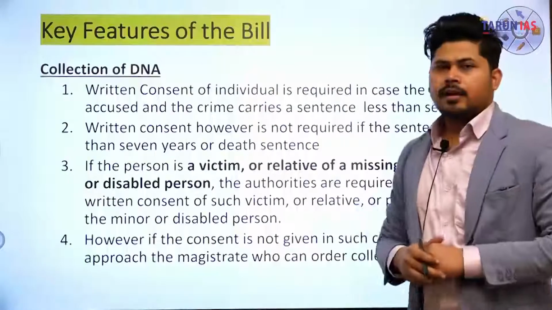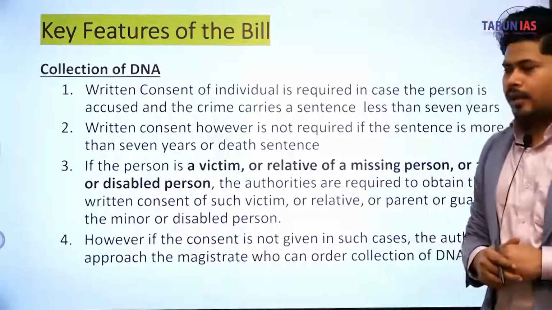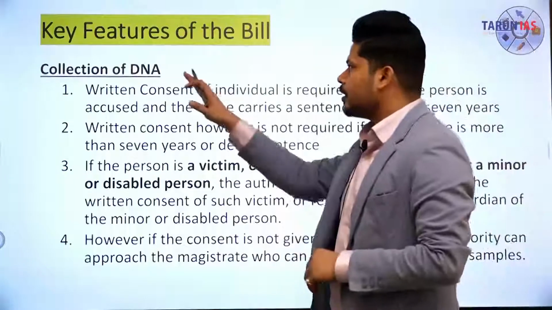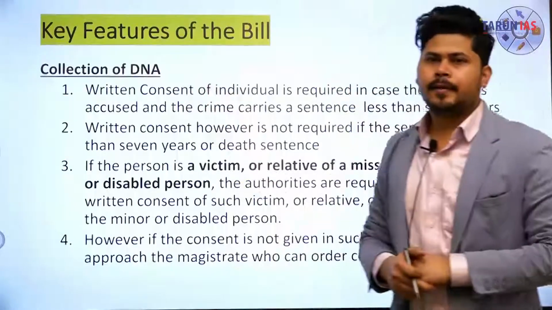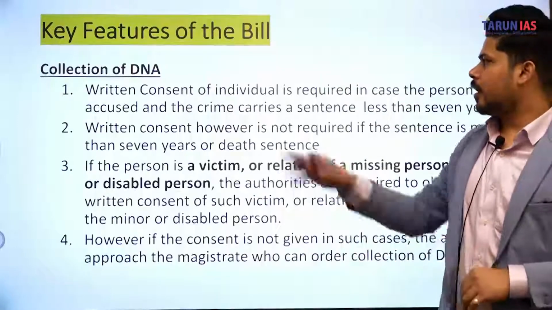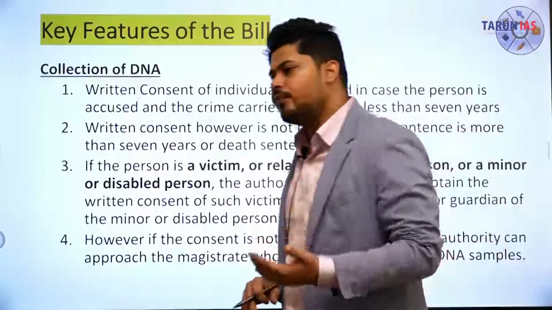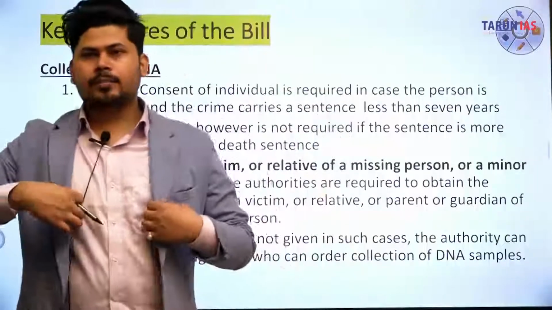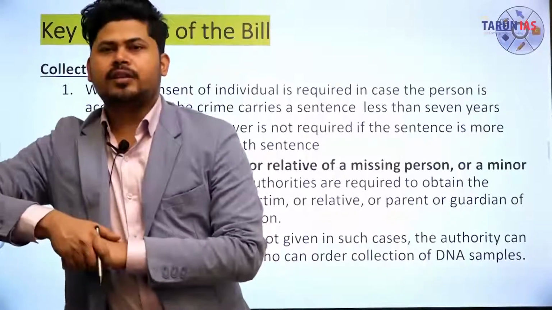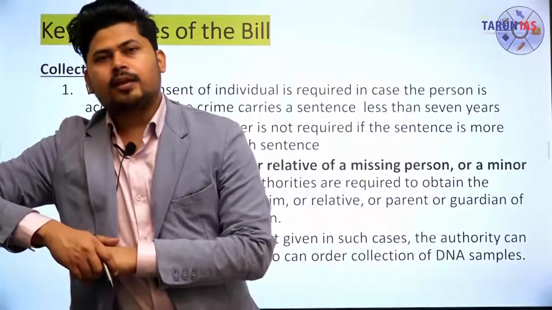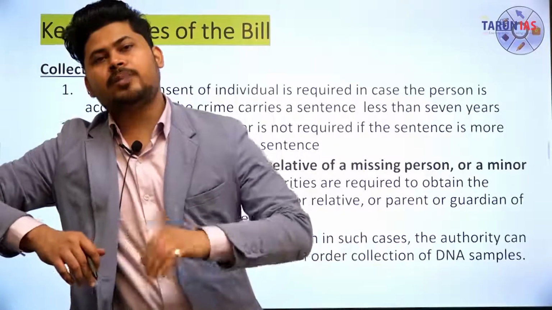Now if DNA analysis has to be done, the first thing of importance is collection of DNA. The first important provision regarding collection of DNA is that written consent of the individual is required. For example, if an individual has been accused, he has to submit his DNA samples.